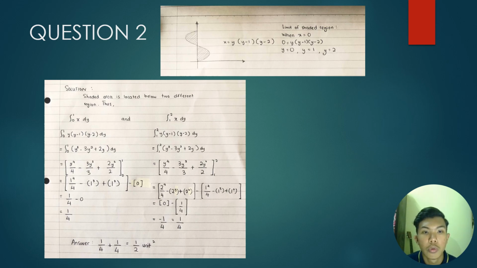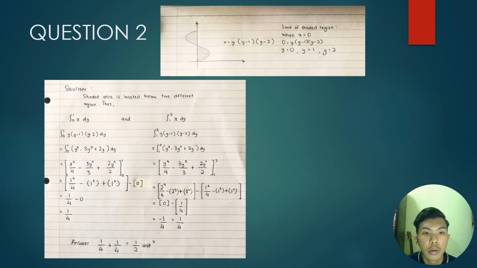From 1 to 2. And then (2 to the power of 4 over 4 minus 2 to the power of 3 plus 2 squared) minus (1 to the power of 4 over 4 minus 1 to the power of 3 plus 1 squared).